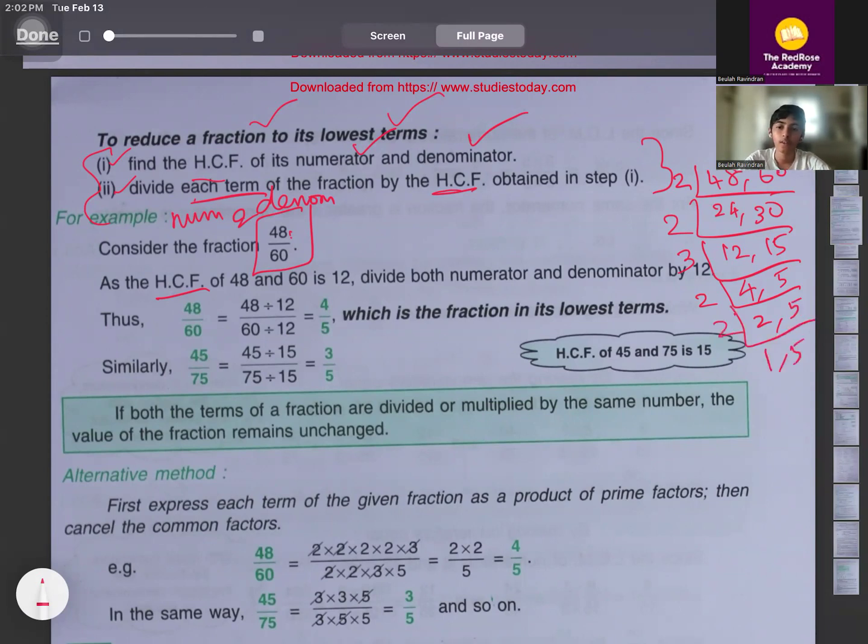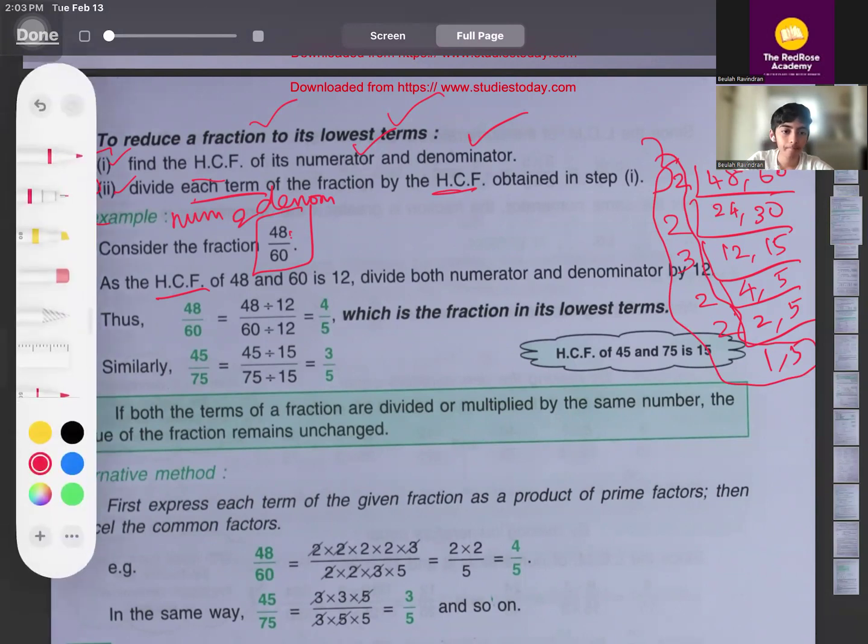So write all the factors. How many 2s are there? There are 4. How many 3s are there? 1. How many 5s are there? 1.